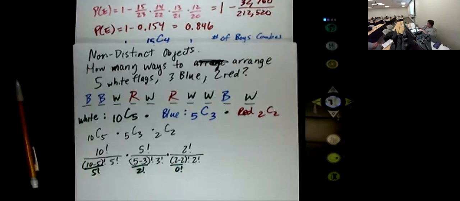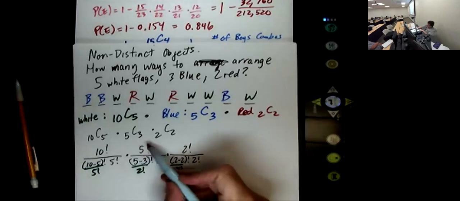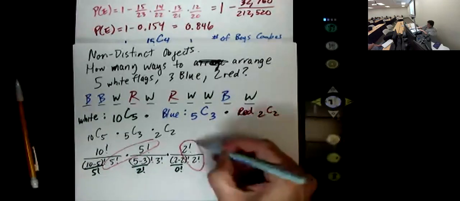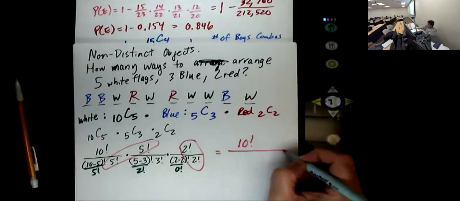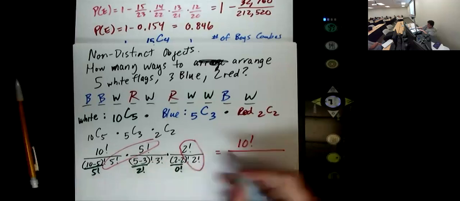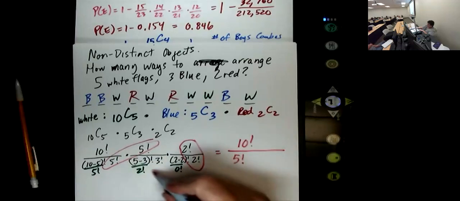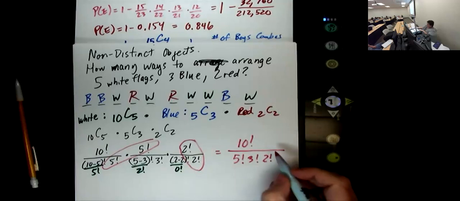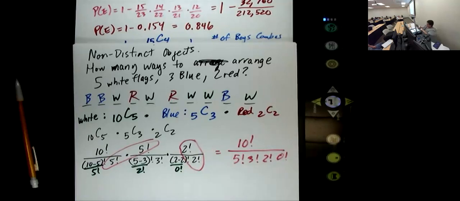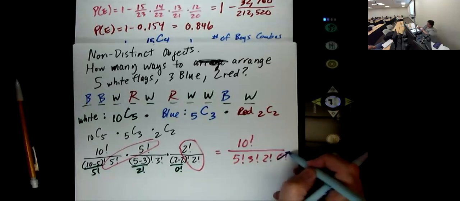Notice what happens when I cancel stuff. Those 2 cancel out. Those 2 cancel out. I'm left with 10 factorial on top. I have a 5 factorial, a 3 factorial, and a 2 factorial. And a 0 factorial, but 0 factorial is 1. And we don't need it.